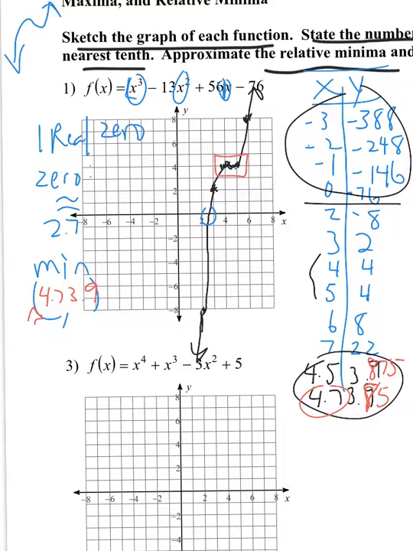And then the relative max is where it turned and went back down right here. The relative max is actually at 4, 4, because it turned at 4, 4, went back down to about 3.9, and then right back up again. It's a little tough to see there, and it becomes an approximation process. So the max is at 4, 4.